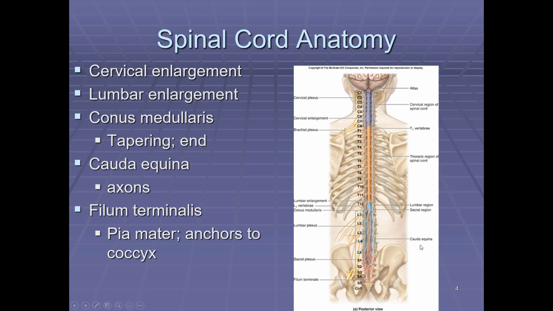That's called the cauda equina, which refers to the fact that it looks like a horse's tail. And then there's a tiny little strip that you can barely see right here in green. This is called the filum terminale, or terminalis. It's a long strip that connects the spinal cord all the way down to the coccyx.